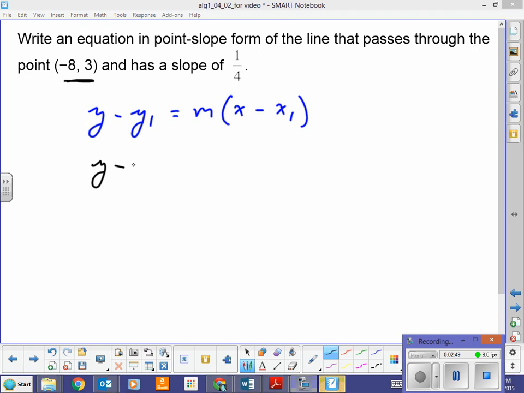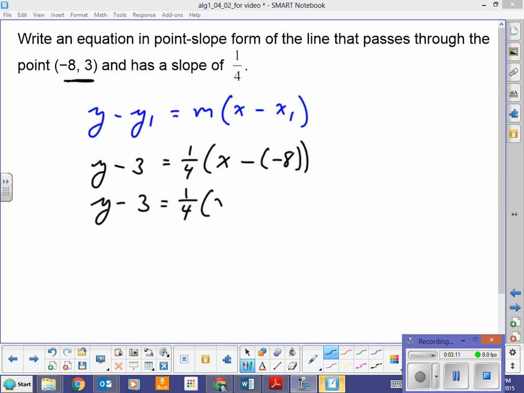So y minus 3 is equal to my slope, 1/4, times x minus -8. And I can simplify that down, of course, to y minus 3 equals 1/4 times x plus 8.